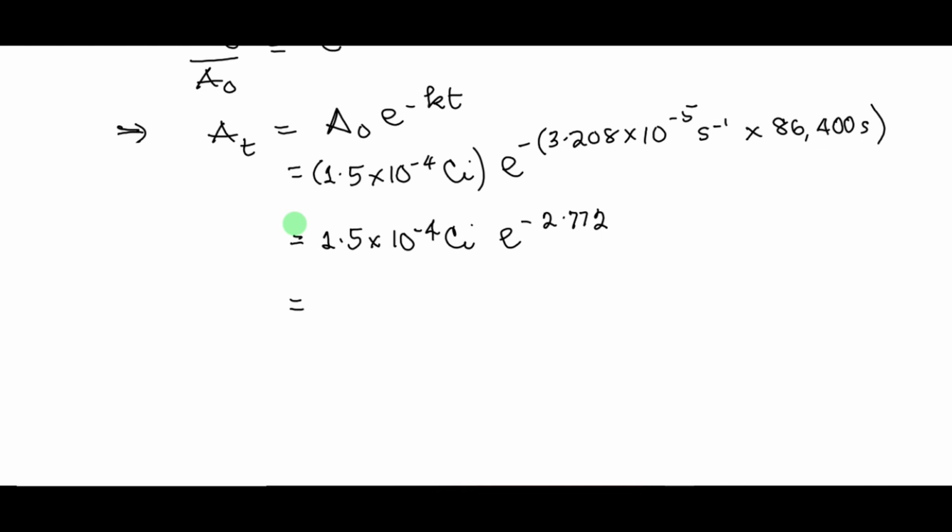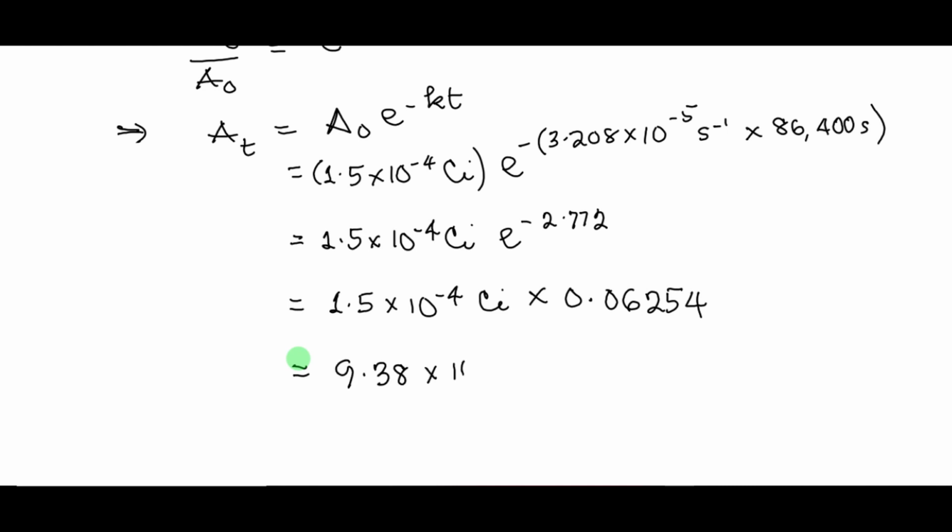By the time you evaluate this, it will be 1.5 times 10 raised to the power minus 4 curies times 0.06254, which gives us 9.38 times 10 raised to the power minus 6 curie, or approximately 9.38 microcurie.